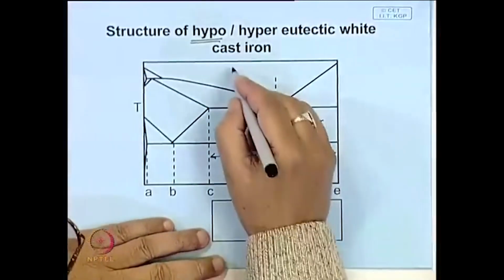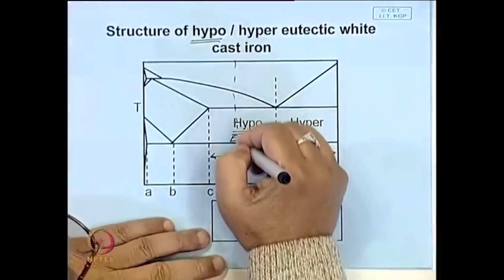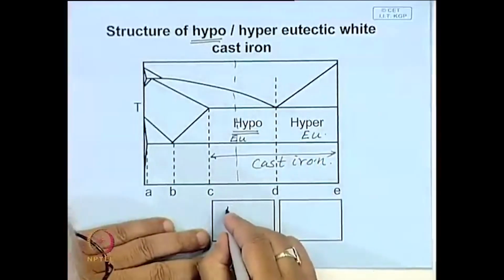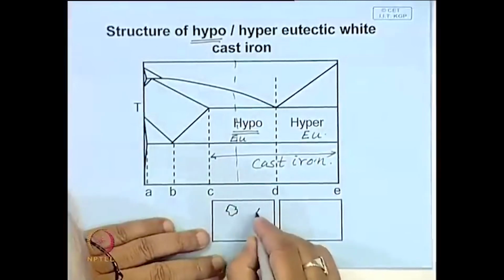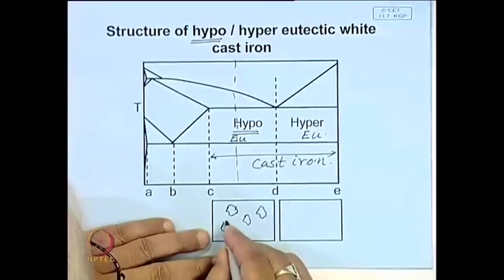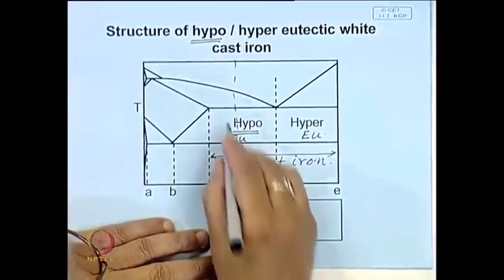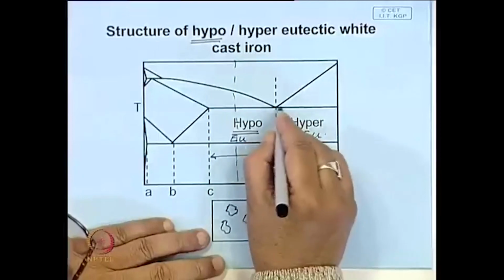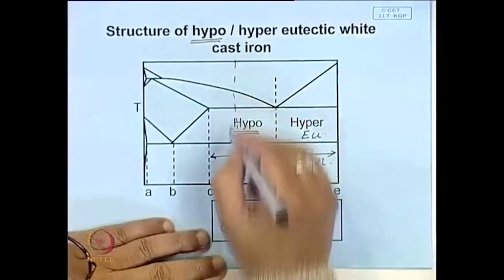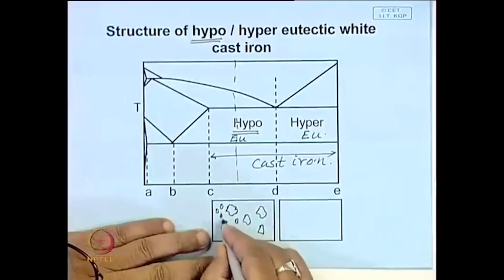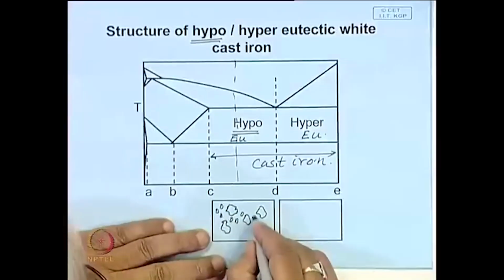And what will be the structure of a hypoeutectic cast iron? Here when it solidifies, you will have some primary grains depending on the composition where you are, and when you cool below the eutectic isotherm, you will have the ledeburite structure formed.